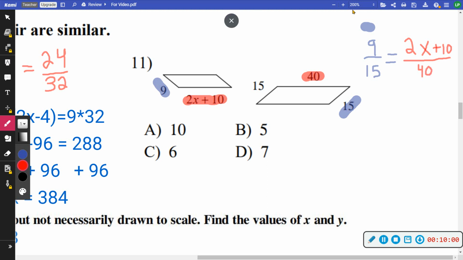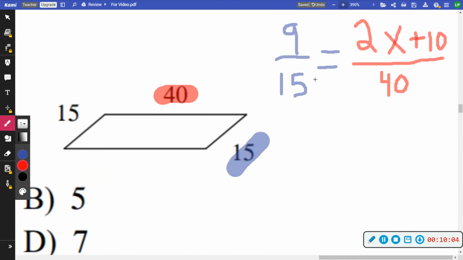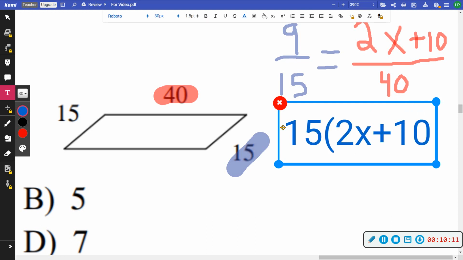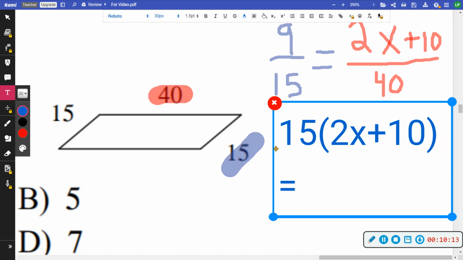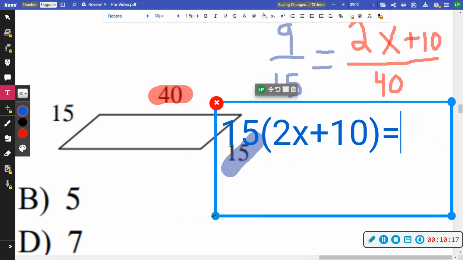Cross multiply. Let's see, that'd be 15 times 2x plus 10 equals 9 times 40.